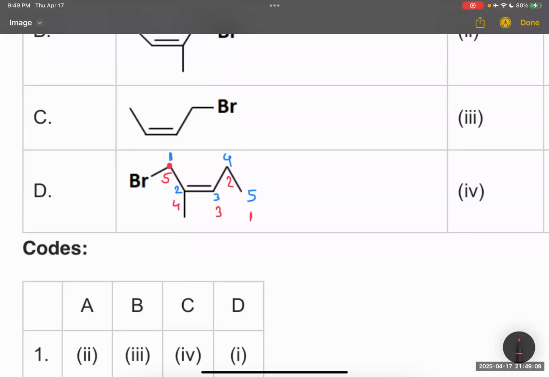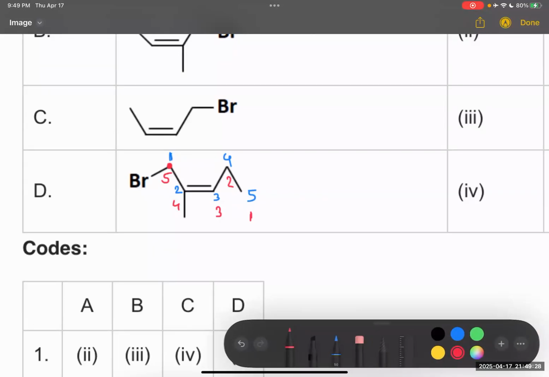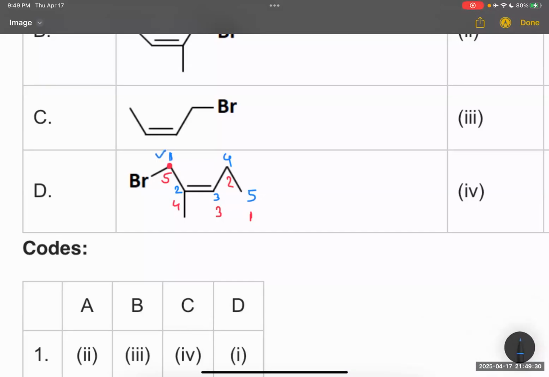In the red one, you need to take into account the first smaller number. In the red one, the double bond is starting from the third carbon atom. So I'm going to choose the blue one. Is it clear, Jasleen? Ibrahim? Yes, sir. So lower number for the double bond.